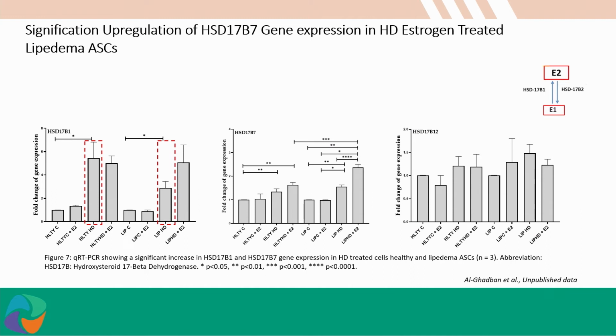We looked at the other enzymes that basically activate estrogen. We have seen that all of them are increased in hormone-depleted media. But what is interesting here is that in lipedema cells treated with E2, we have an increase in hydroxysteroid 17B7, and this is important because this enzyme in particular is increased in breast cancer patients too.